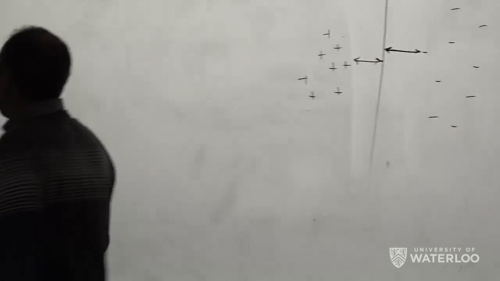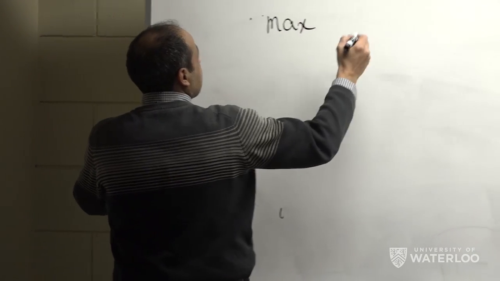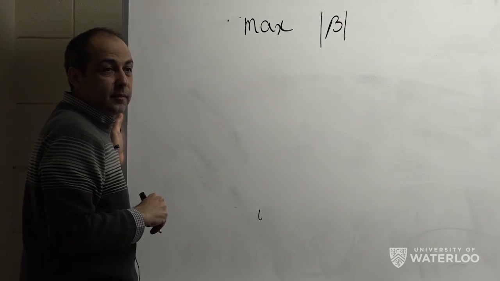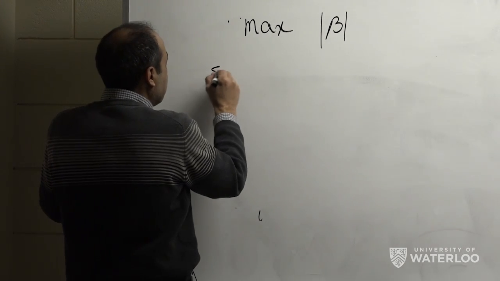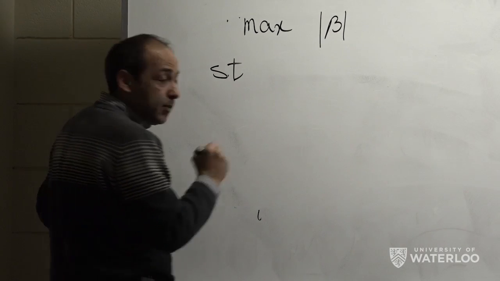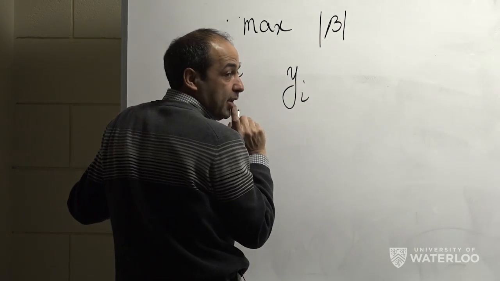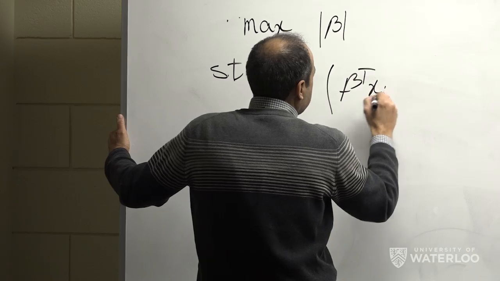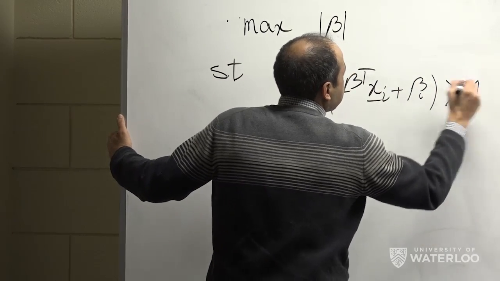Okay? So I can form an optimization problem in this form. Minimize the norm of beta subject to the constraint that this beta is the beta of a hyperplane such that for all i's, yi times beta transpose xi plus beta null is greater than or equal to 1.